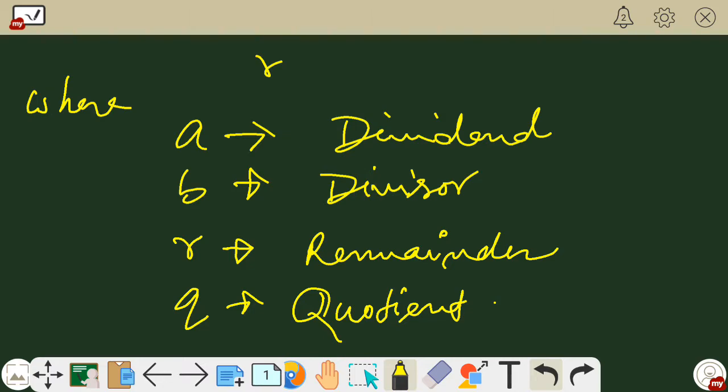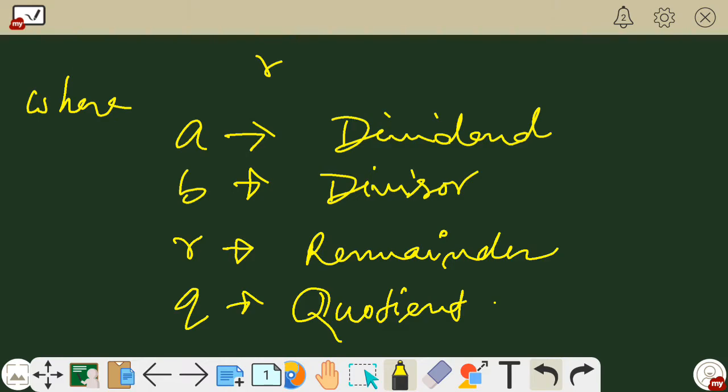If a number is divided by another number, then b is called the divisor, a is the dividend, r is the remainder, and q is the quotient.